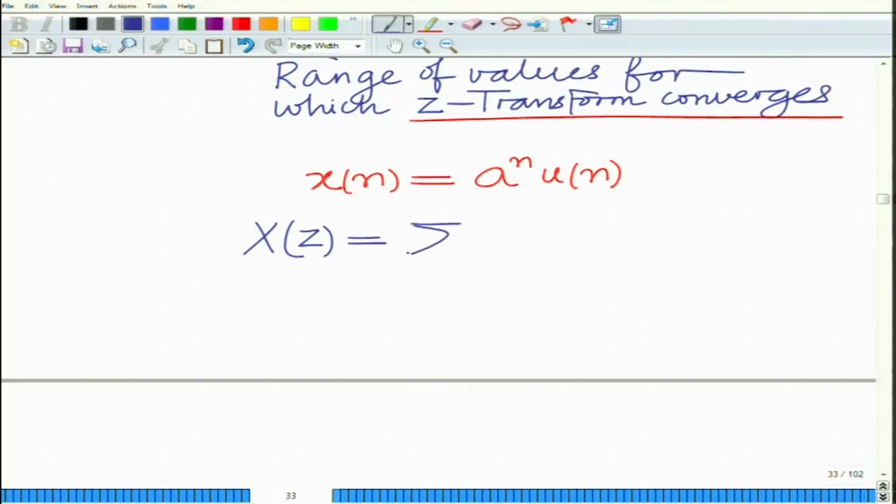equals summation n equals minus infinity to infinity a raised to n u[n] z raised to minus n.